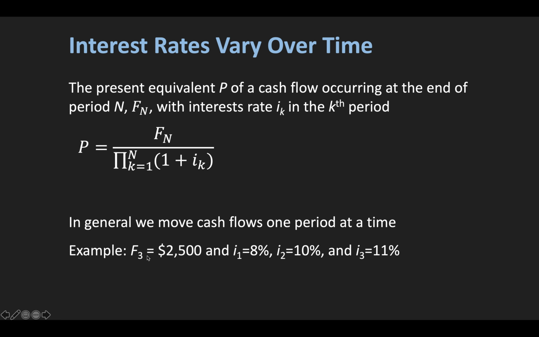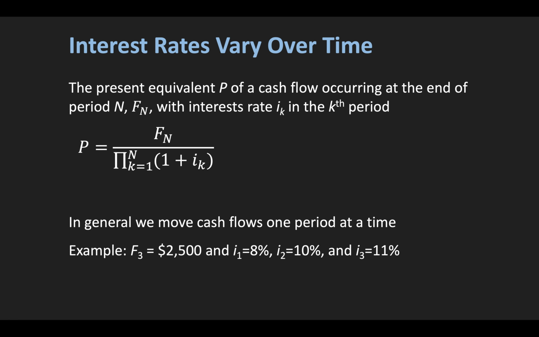Let's say at the end of the period, the future cash flow is $2,500, and for 3 periods, the interest rates are different. We first divide by 1 plus 0.11, bring that to year 2, then use year 2's interest to bring it to year 1, and use year 1's interest to bring it to year 0.